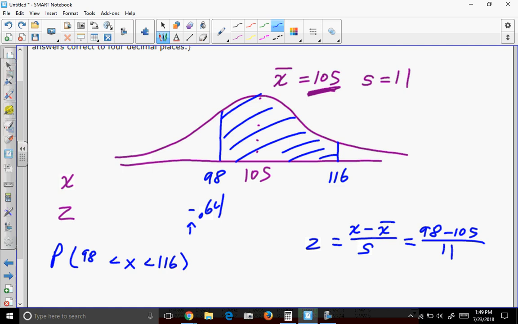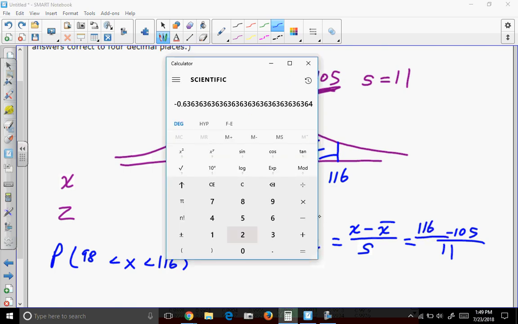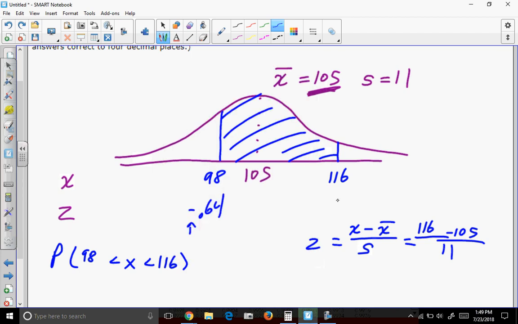116, that's above average, so if we want to know its z-value, 116 minus the mean over 11. 116 is 11 points above average. If we divide that by 11, we get 1. So 116 is 1 standard deviation above the mean.